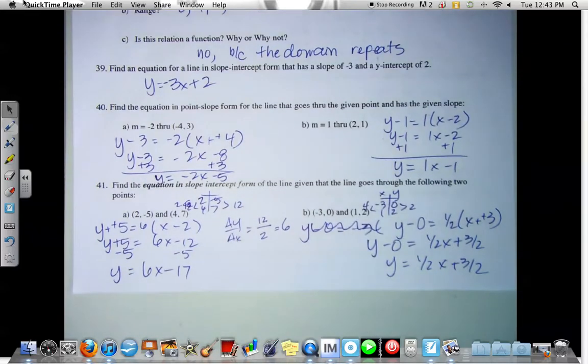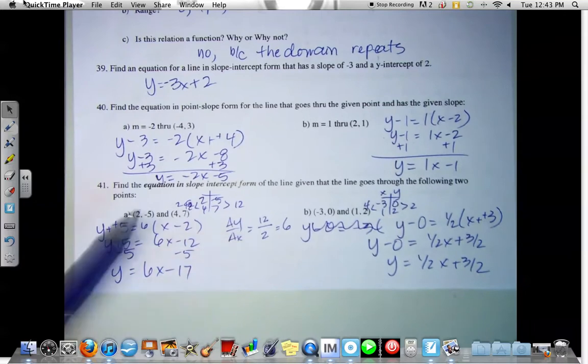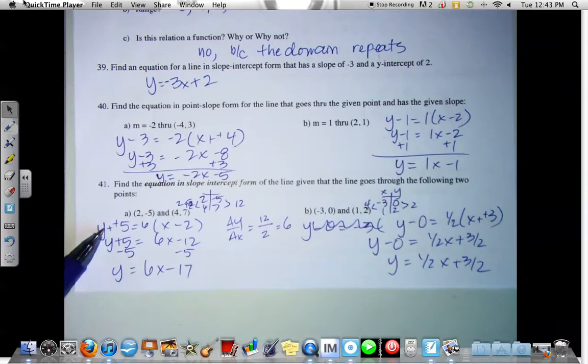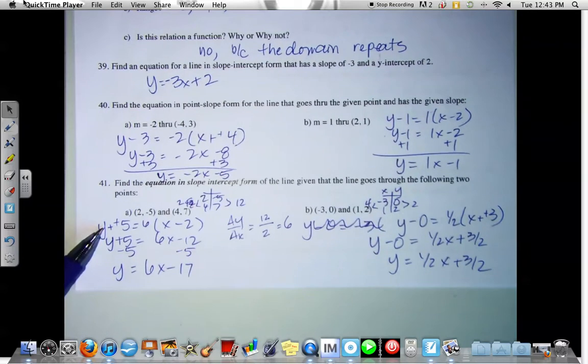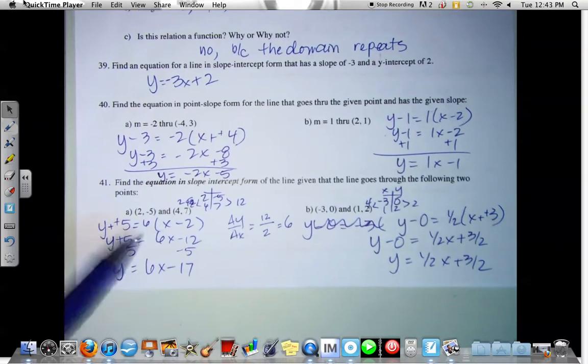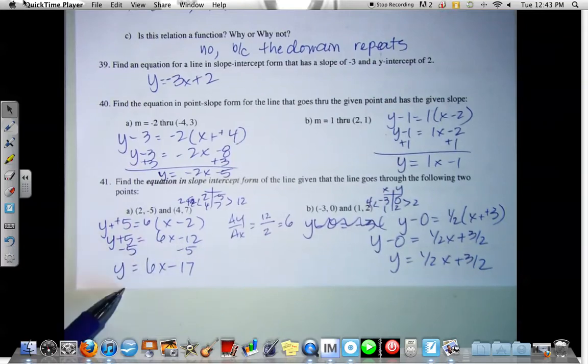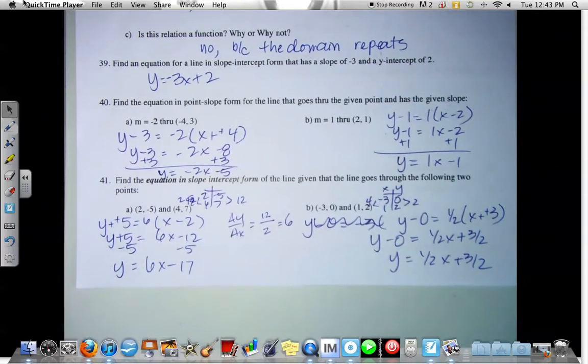41, you need to find the slope first. So for A, your slope is 12 over 2, which is 6. Put it into point slope form. Y plus 5 equals 6 times x minus 2. Distribute, subtract 5, and y equals 6x minus 17.